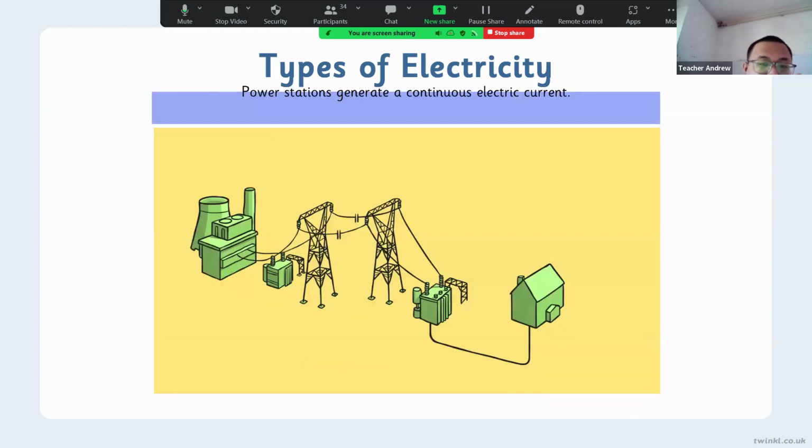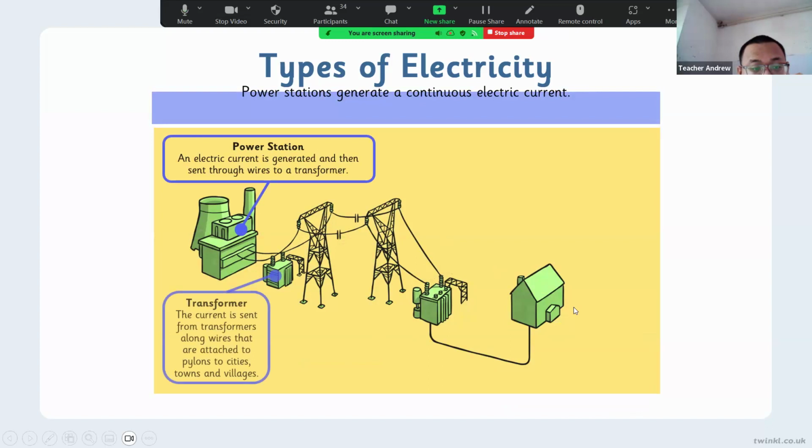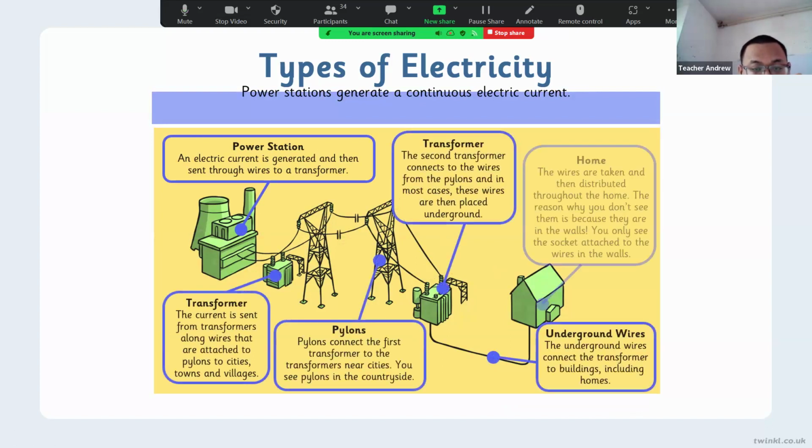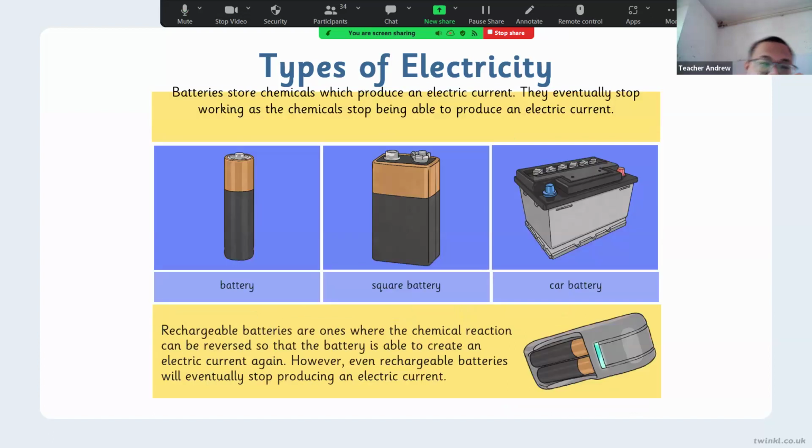Then we have the power station generating a continuous electric current from the plant all the way to the home, as you can see in the diagram here. And batteries, however, store chemicals inside that produce a current. They will stop working when the chemicals stop being able to produce a current.